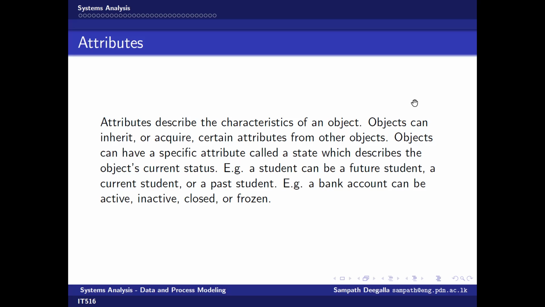Similarly, if you take a bank account, once you open it and have regular activities like deposits and withdrawals, your account will be in an active state. But let's say you have not used it for 3 months, the bank can put your account in an inactive state.